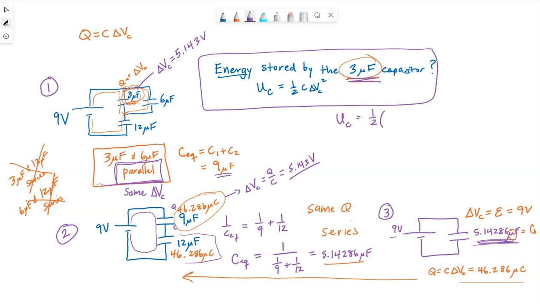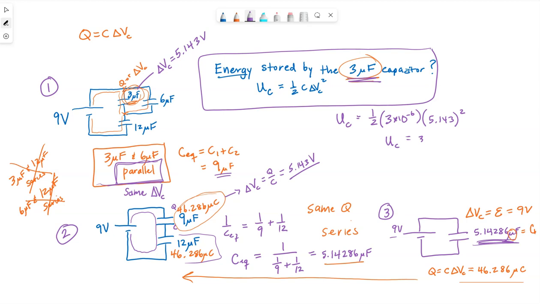So the problem is specifically asking about the 3 microfarad capacitor. At this point, I do want to put in the micro. So 1/2, this is our C. The delta V we just calculated needs to be squared. Okay, let me get in scientific mode because I don't want to count my zeros.